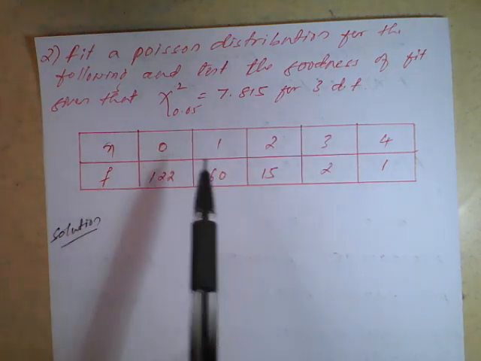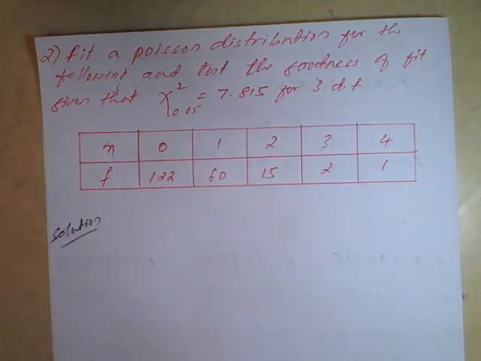So they have given the data. In this example you just see that there is no tossing of a coin or throwing of a die and all. So in such cases we need to find the probabilities directly by using the direct method.